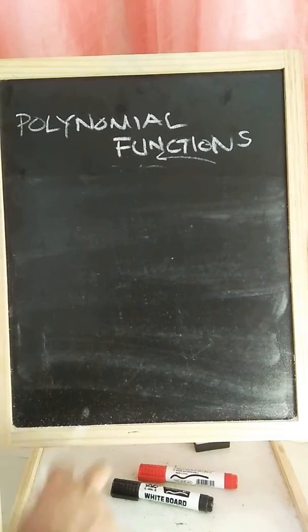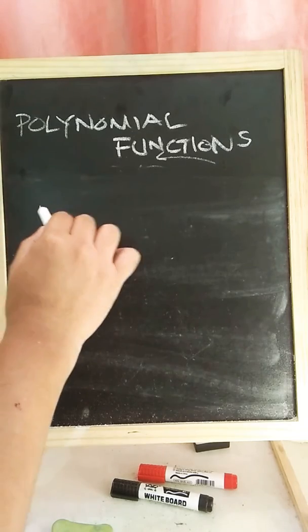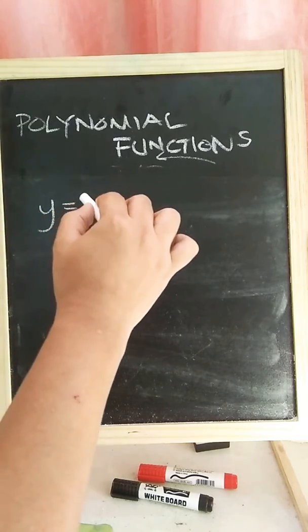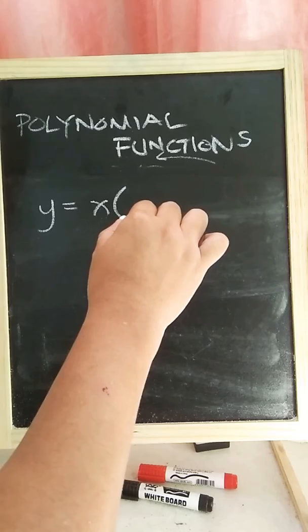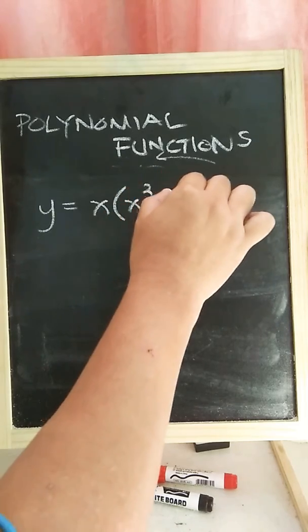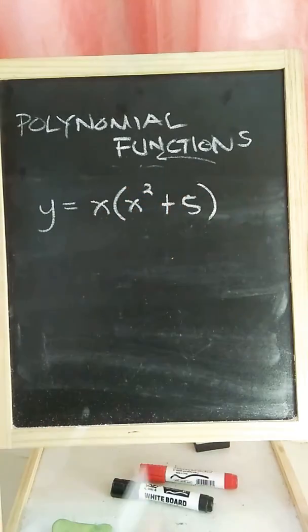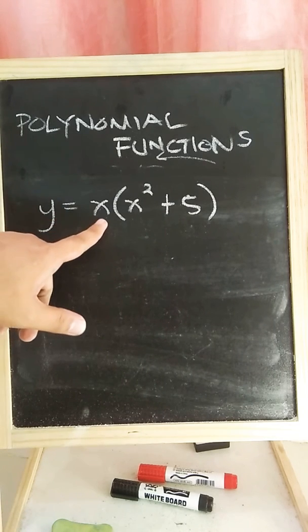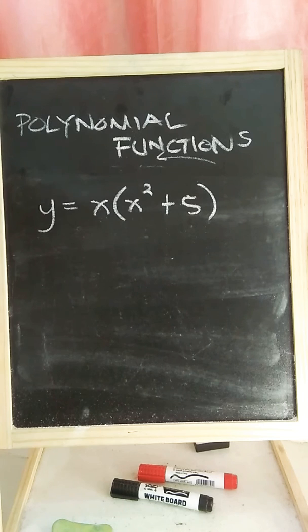Example here, this one, or let's just say, y is equal to x times the quantity x squared plus 5. Now, if you will notice right out here, your function is in factored form.